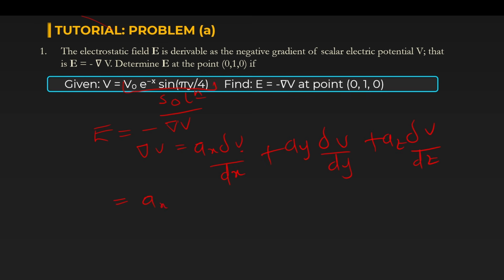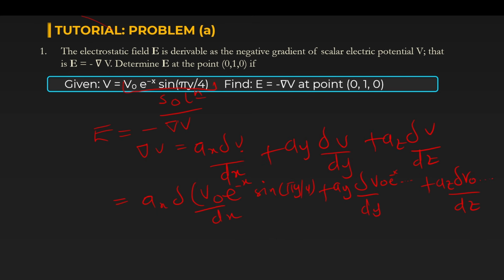So I have a_x V naught e to the negative x. Now I'm going to do the same for here, and I'm going to do the same for the same V, but because there is no space there, I'm just going to shorten it.